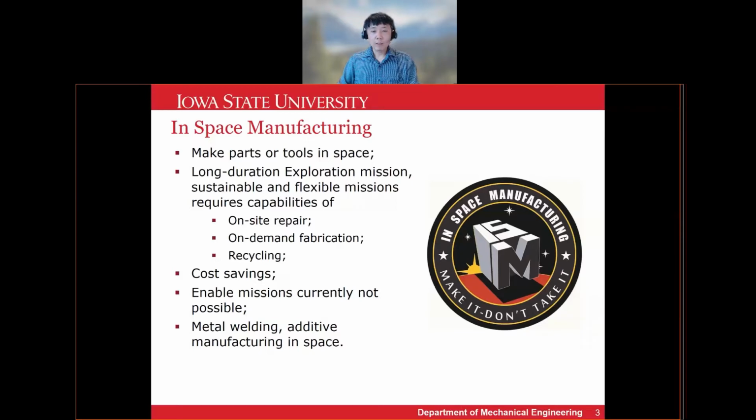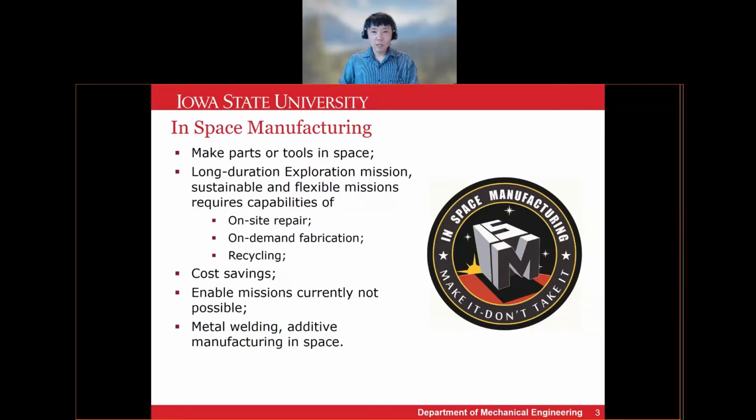All of these are directly related to cost. Sometimes, even if we can afford the cost, time could matter. You can imagine how long it would take to deliver a part from Earth to Mars. So ISM should enable some deep space exploration missions which are currently considered impossible or unrealistic.